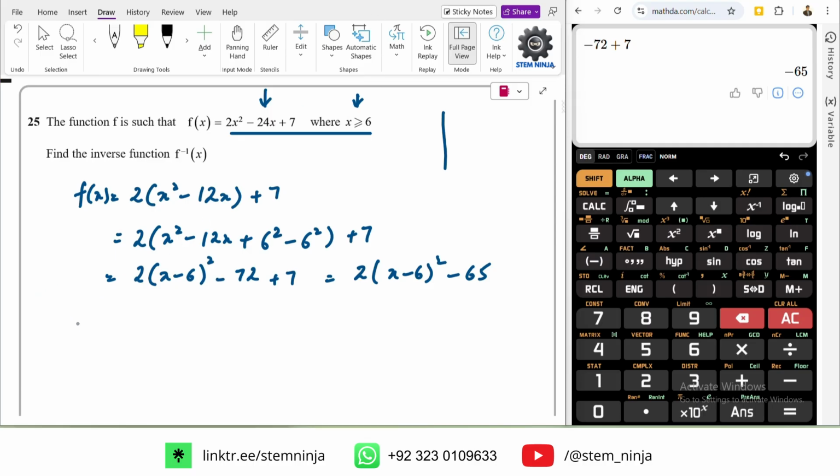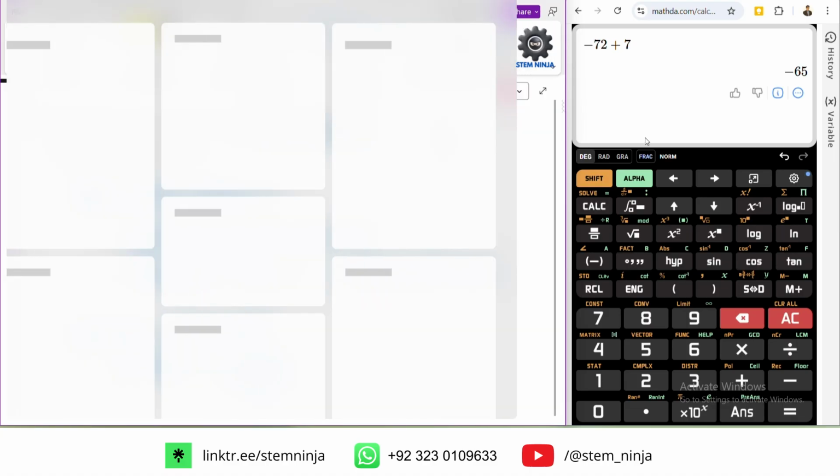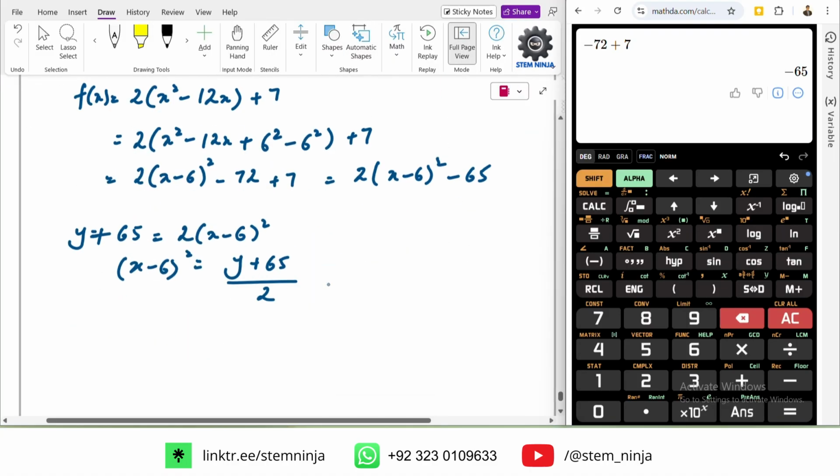So if this is our y, we can find the inverse by simply doing y plus 65 equals 2 times x minus 6 whole squared. So x minus 6 whole squared would be y plus 65 over 2. And then we do the square root.